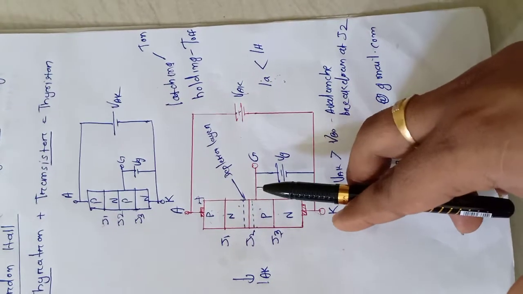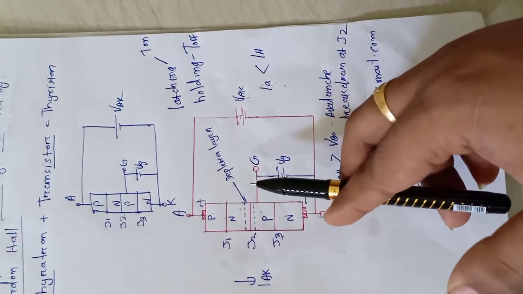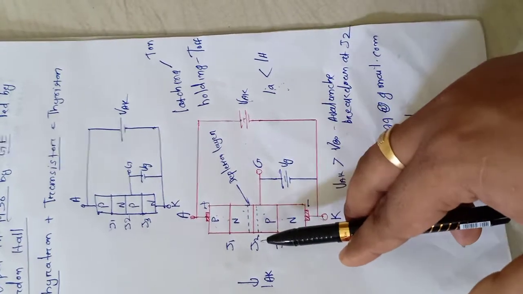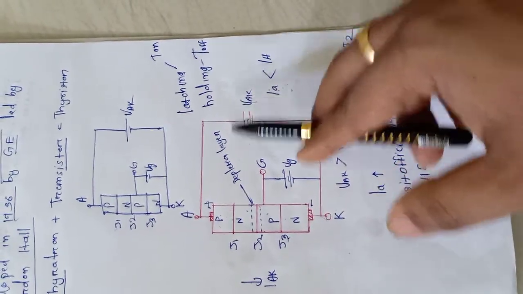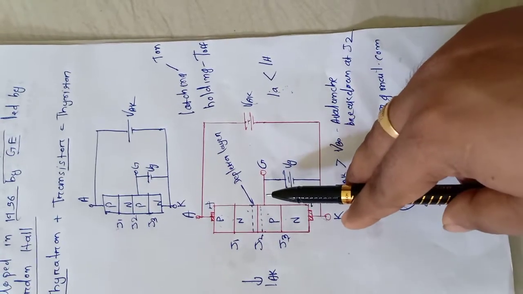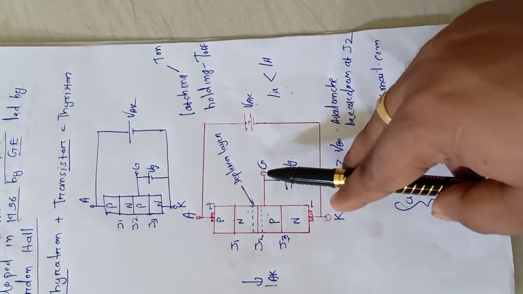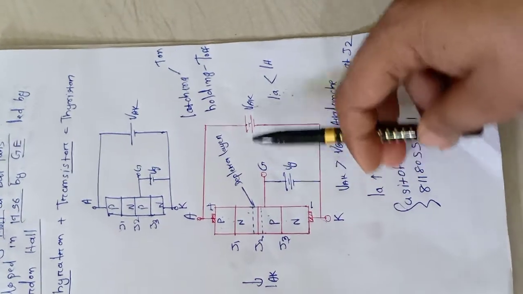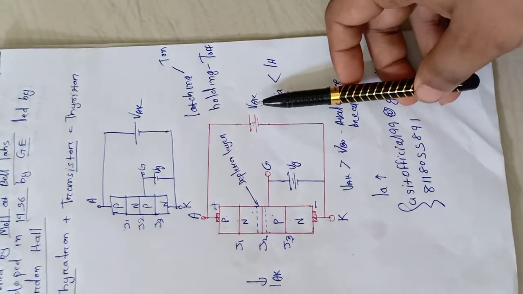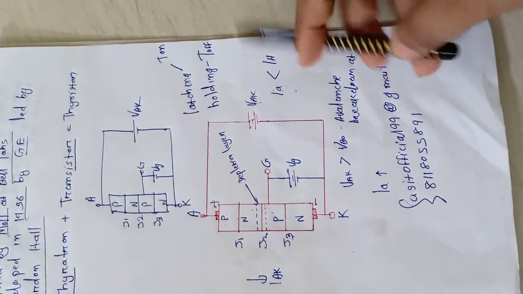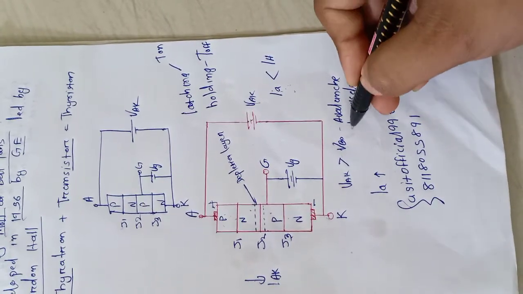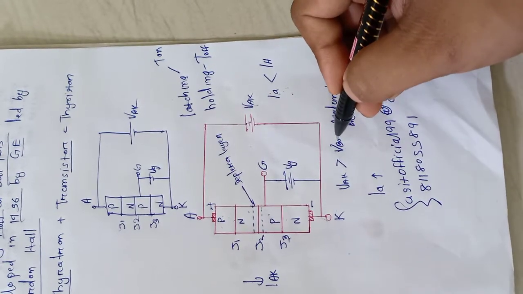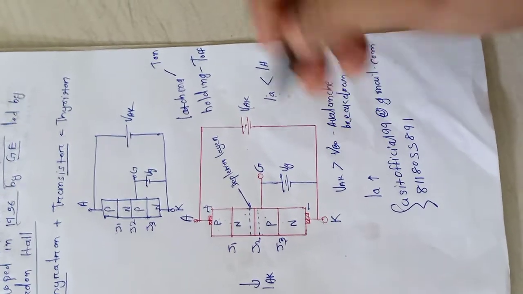So what is the role of this gate terminal? If our device is turning on and turning off by increasing this anode to cathode voltage, then why do we need to connect an extra terminal over here? What really happens is that whenever we increase this voltage up to the forward breakover voltage, this forward breakover voltage value is very high, in the range of thousands of volts.